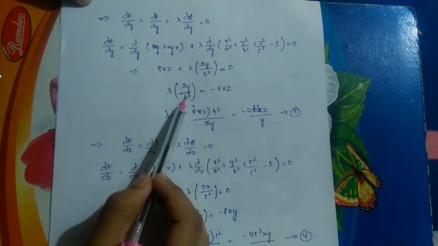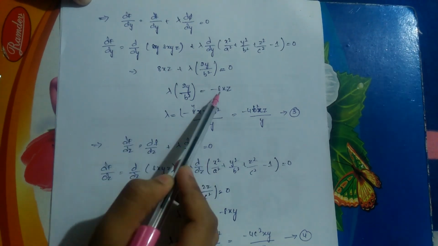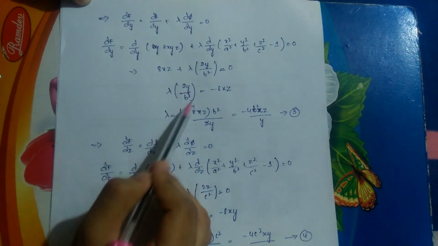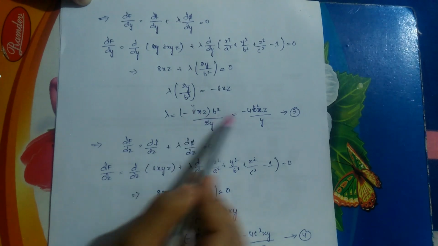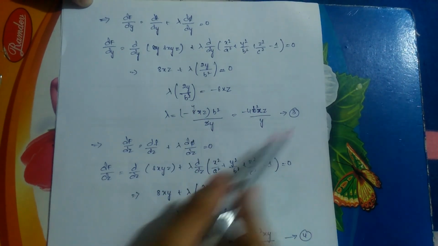Then λ·2y/b² = −8xz, and λ = −8xz · b²/2y. 2 fours are 8, so we get λ = −4b²xz/y. Let it be equation number 3.